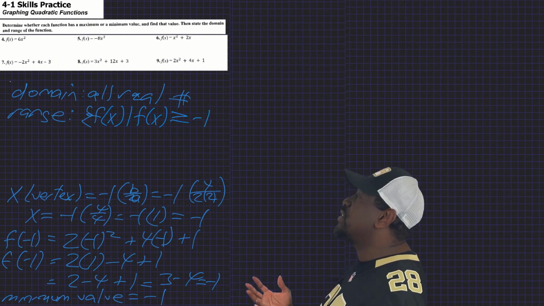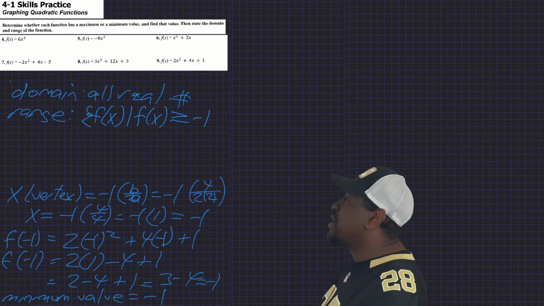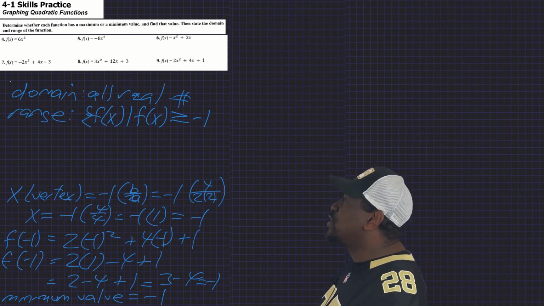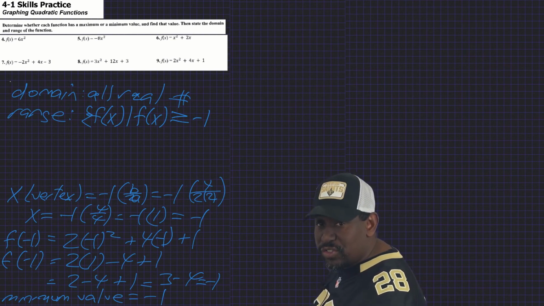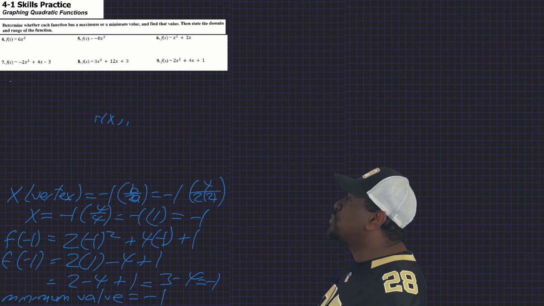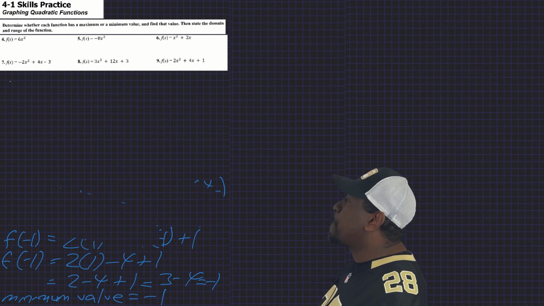And so now we have completed number 9, and we are done with this set of problems. Hopefully you are getting the same values, and the more of these you do, the more comfortable you will get doing these problems. So let's see where we go next.